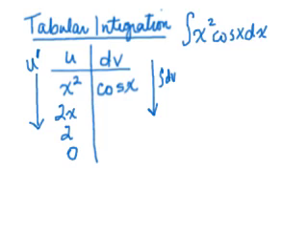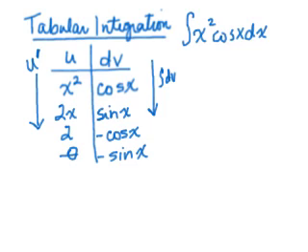And then we're going to take antiderivatives. So what did we take the derivative of to get cosine? We took the derivative of sine. And then negative cosine, and then negative sine. Now our next step here is that we're going to cross out the 0. We're going to cross out the first dv.